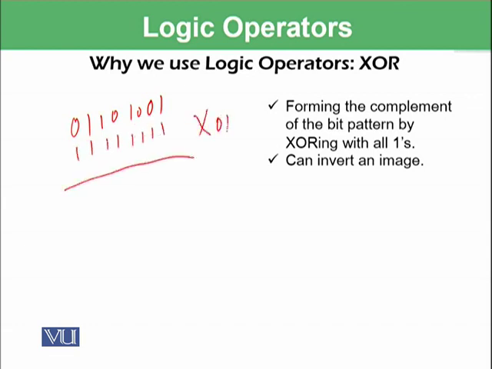Let's see what the output of exclusive OR would be. You know it gives 0 on the same bits and 1 on the different bits. You can see the actual input which we gave has been totally complemented. All of the zeros have been changed into 1 and all of the ones have been changed into 0.